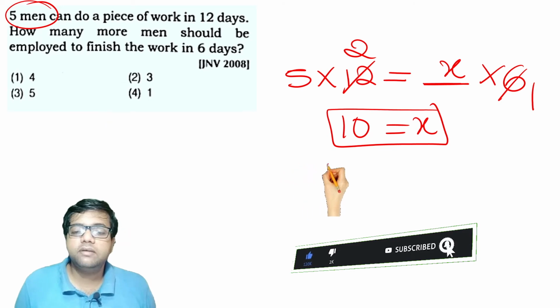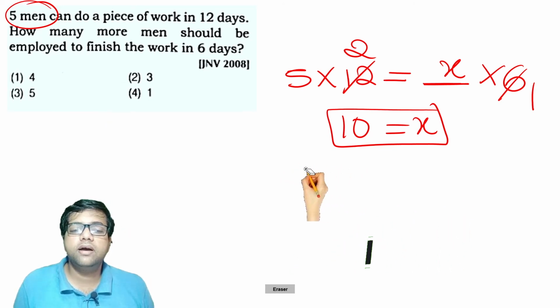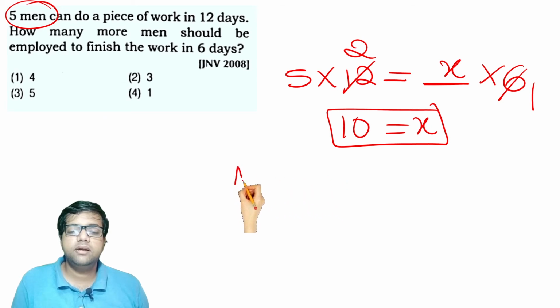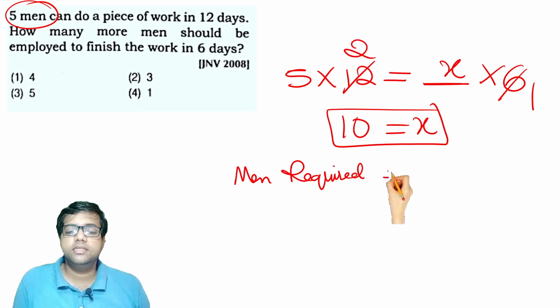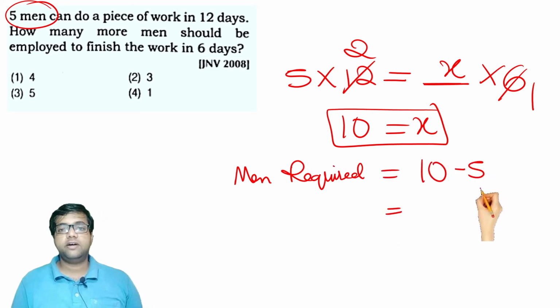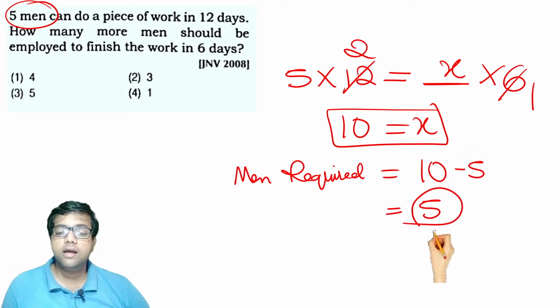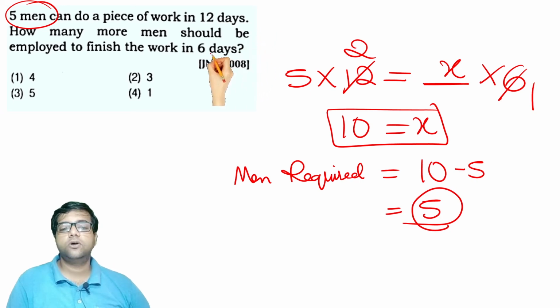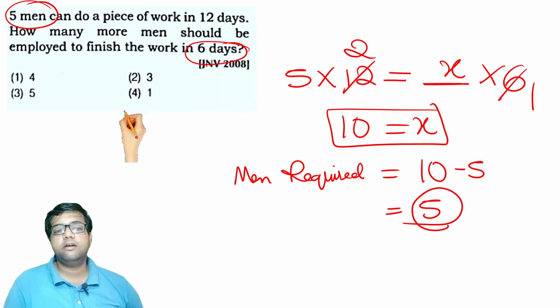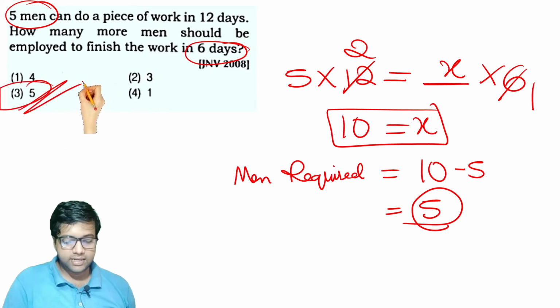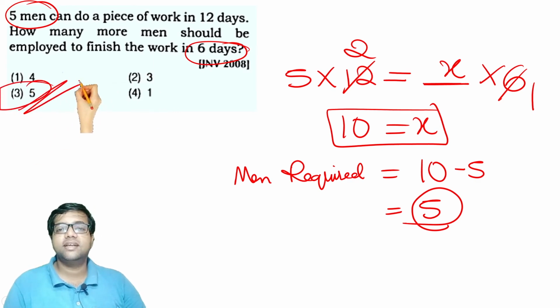So the extra men required is 10 minus 5, which is 5 more men to finish the job in 6 days. Option 3 is the right answer.